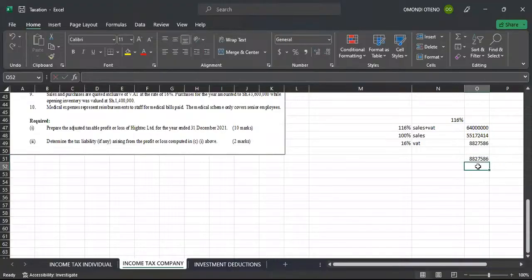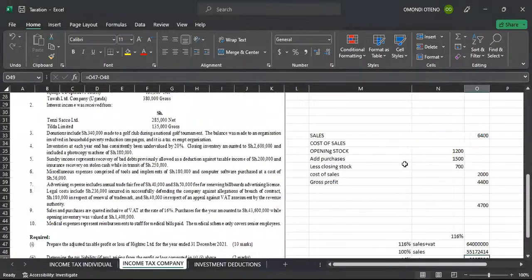If you do that, as you can see, we are arriving at the same value. Is that clear? Yes, so that's what we did to get the value of VAT up there.